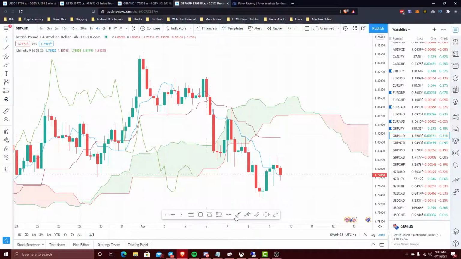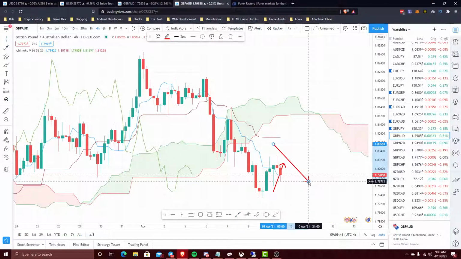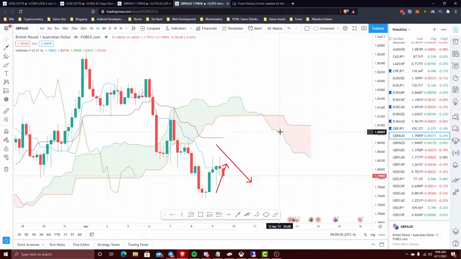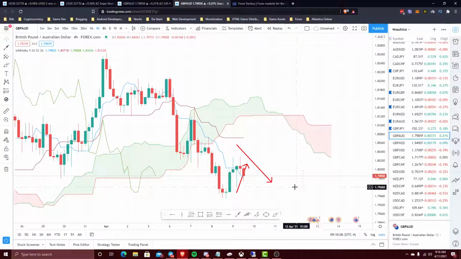So right now what price is doing is it's pulling back for a little bit, and boom, it's under this cloud, and the future cloud is red, which signals a continuance in the bearish trend. And then we have the crossover between the conversion line and the baseline. So I think, yeah, price is going to continue to go down.